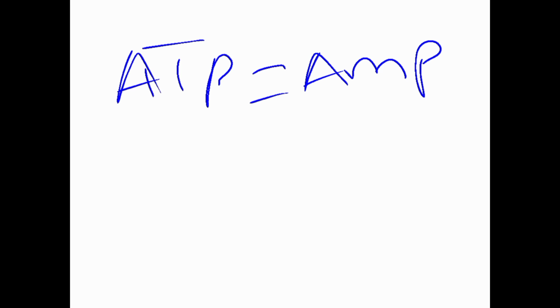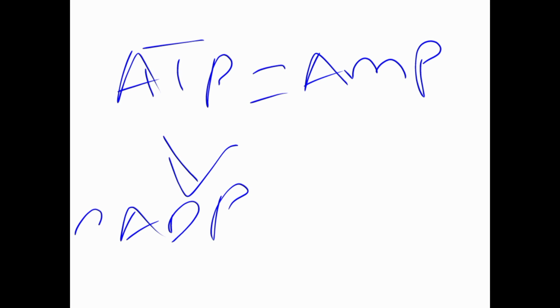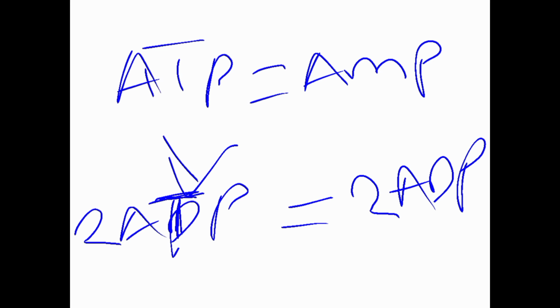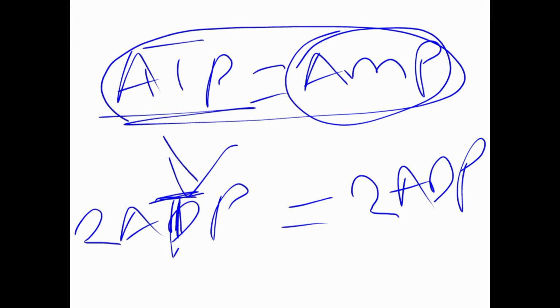This ATP broken down to AMP is equivalent to breaking down 2 ATP into 2 ADP. It's equivalent to the same thing because we've broken high energy bond twice here.